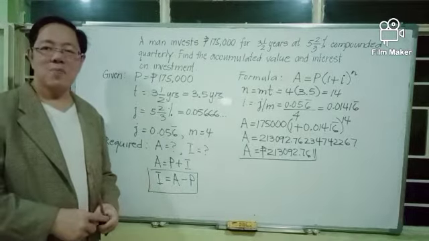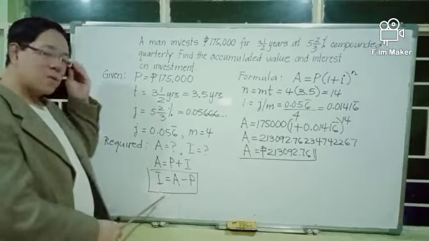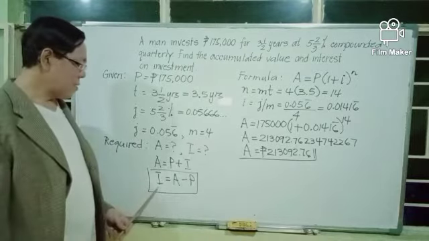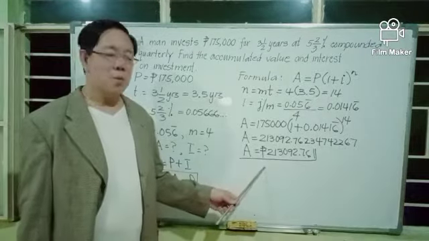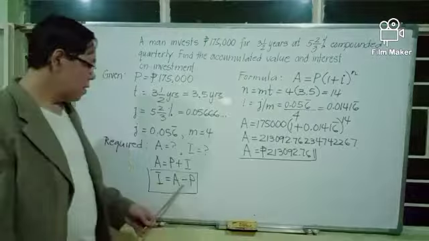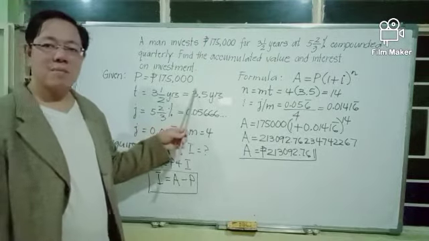To find the amount of interest at compound interest rate, we make use of this formula. Amount of interest equals accumulated value, 213,092.76 pesos, minus the principal of 175,000 pesos.